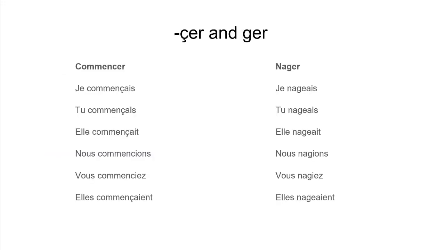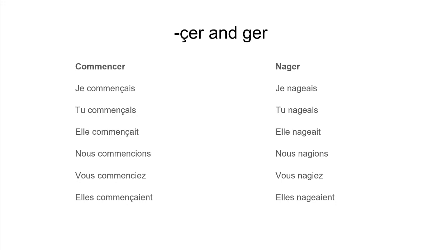Okay, so most of the irregular verbs cooperate really well for us in the imparfait, but you might remember CER and GER verbs from our review of present tense this year. If you remember the reason for the spelling change in the present tense, maybe that will help you understand and remember the pattern for that spelling change in the imparfait.